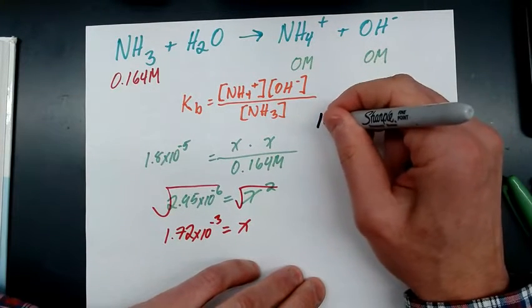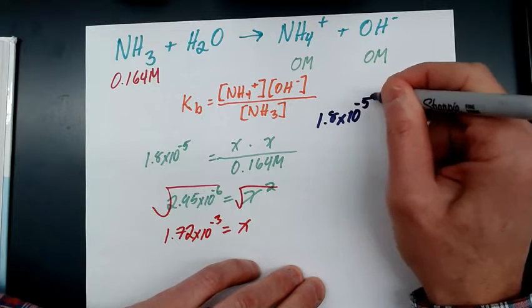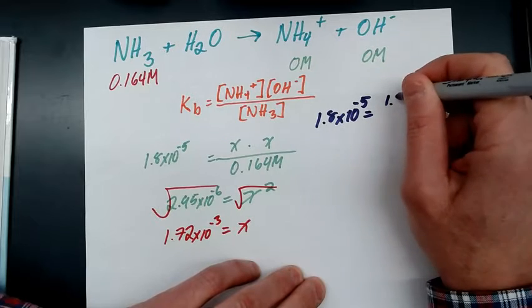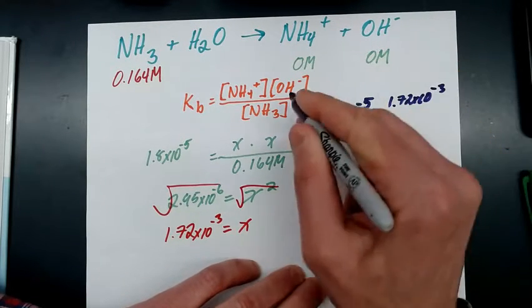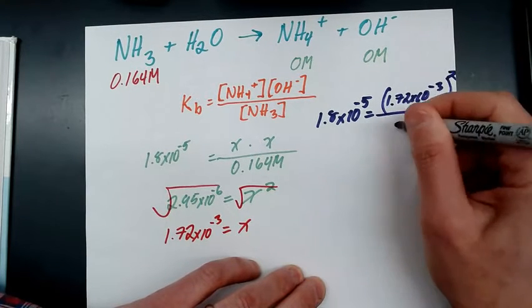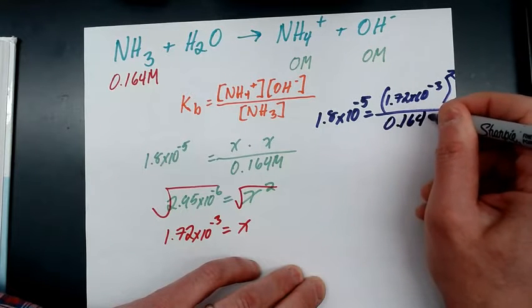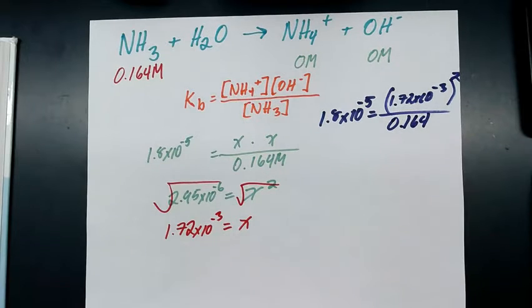So let's see, is 1.8 times 10 to the negative 5 equal to 1.72 times 10 to the negative 3rd times the same number, so I'm just going to square it, and I'm going to divide by our concentration of our ammonia, which is 0.164. I'm going to do the math on this. We do get 1.8 times 10 to the negative 5.